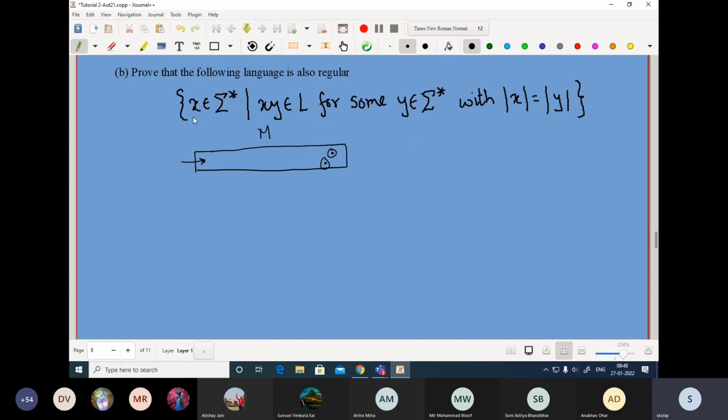In my new language L dash, I will include only those strings X such that XY is in L and there exists some Y in sigma star where length of X is equal to length of Y. Again, delta hat of S, X is equal to P, and there exists Y such that delta hat of P, Y belongs to F and length of X is equal to length of Y.